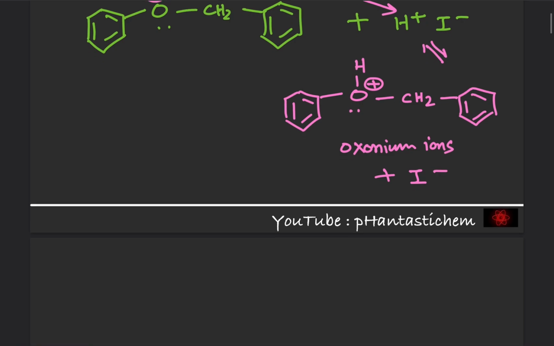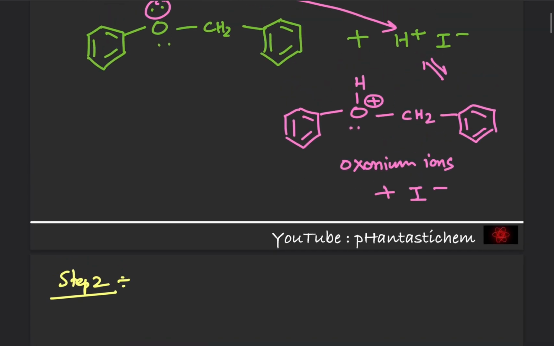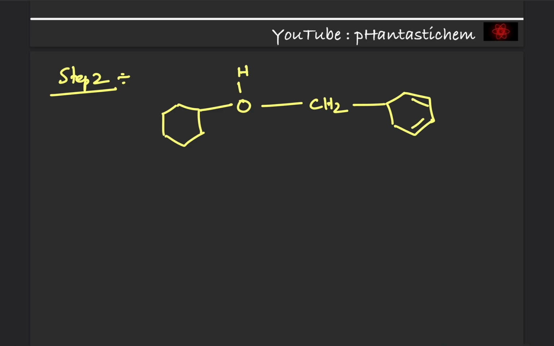In step 2, the iodide ion is a good nucleophile, and attack by I minus ion can break either the A or the B bond. So I will draw the oxonium ion again: CH2, the benzene ring, oxygen with one lone pair and a positive charge.